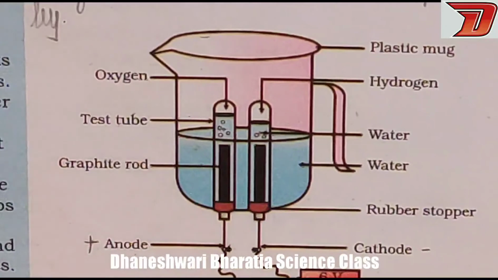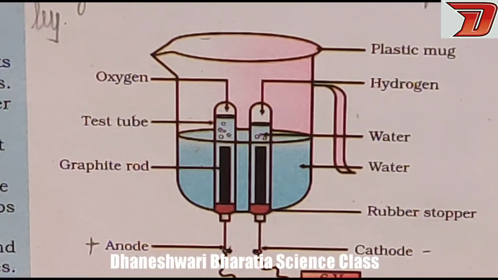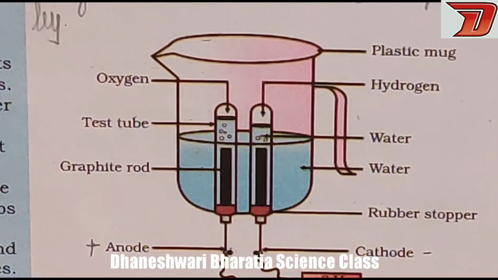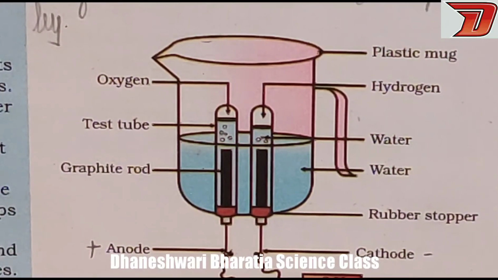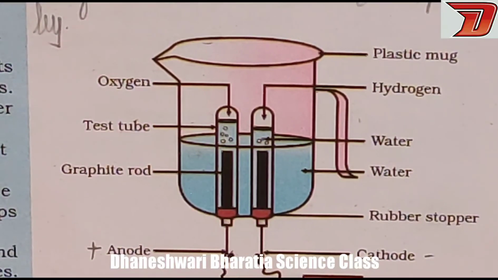So this is the most important part, how we can verify the presence of hydrogen in a particular reaction. This is the only way: if that flame goes off with a popping sound, it will give you the confirmation of hydrogen gas.